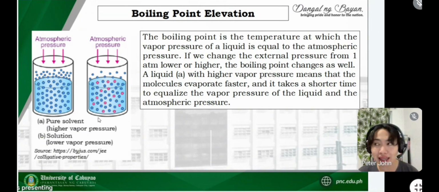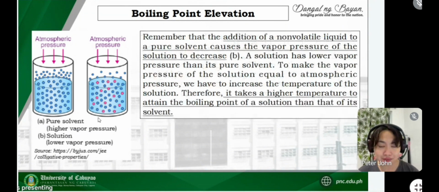We get a lower vapor pressure because of the influence of the amount of solute in a given solvent to form a solution. So as we said, once we add more solute in a solution, the lesser the vapor pressure, specifically in a closed system. It is still connected here.